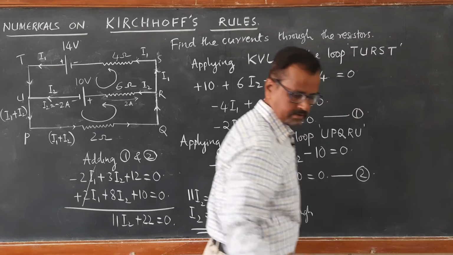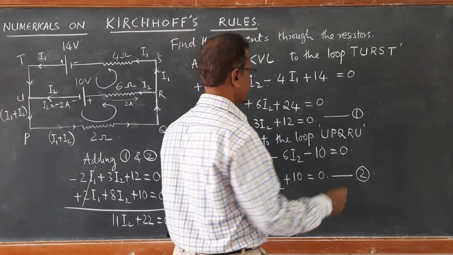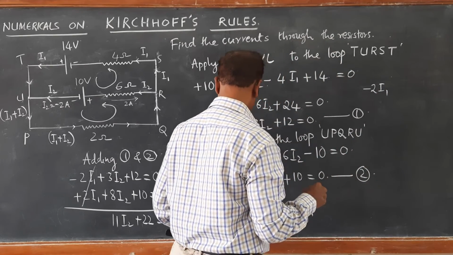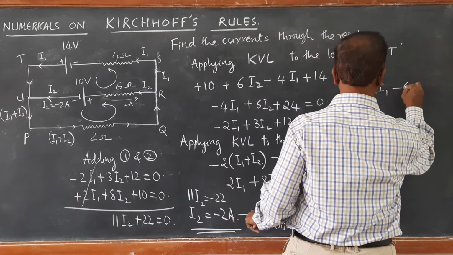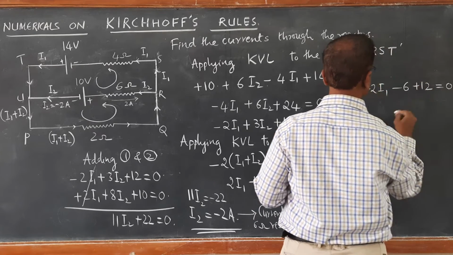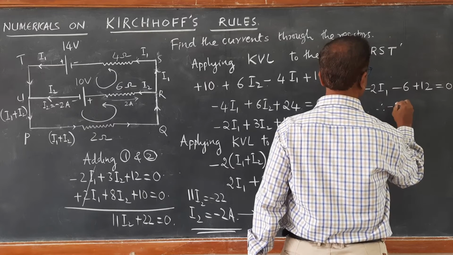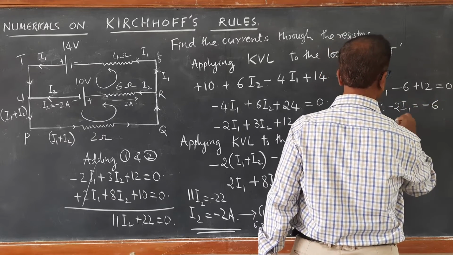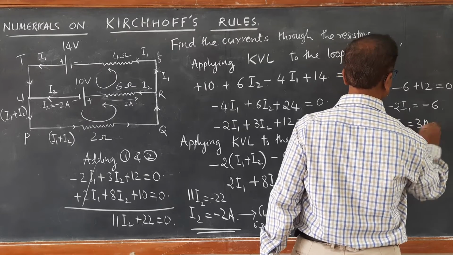Once again I will write. Here minus 2I1, 3 into 2, minus 6, plus 12, that is 6. Therefore, minus 2I1 is equal to minus 6. Therefore, I1 is equal to 3 amperes.